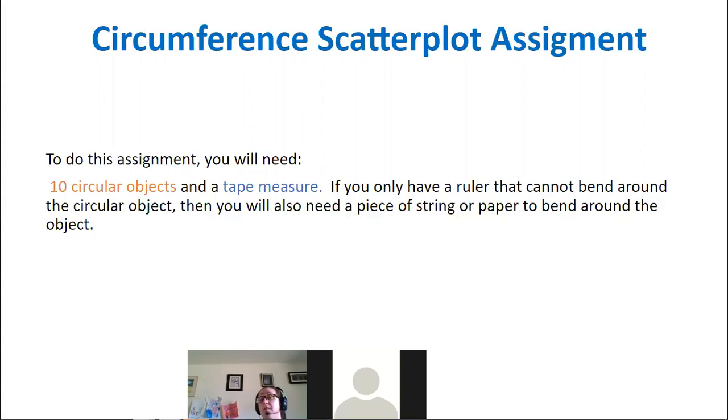Okay, let's talk about that other assignment. The other assignment is called a circumference scatter plot. What it requires you to do is find 10 circular objects around your house. So if you look at my camera, and I'll stop sharing for a second so you can see my camera bigger, here, I brought a water bottle.